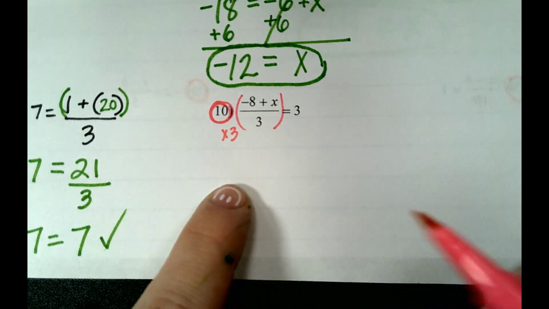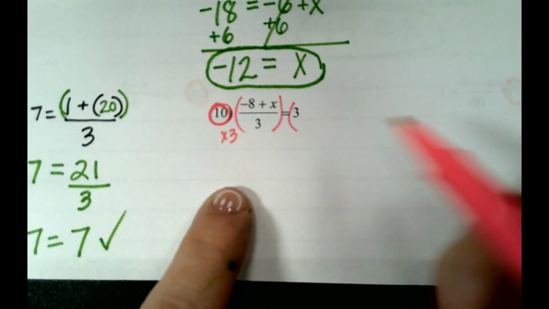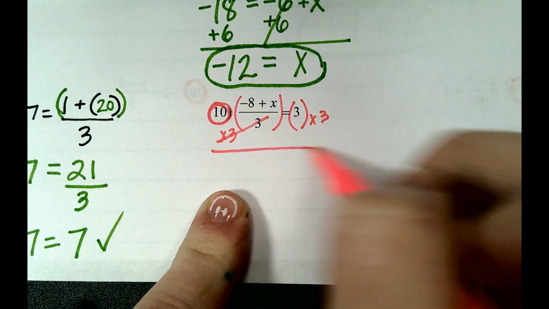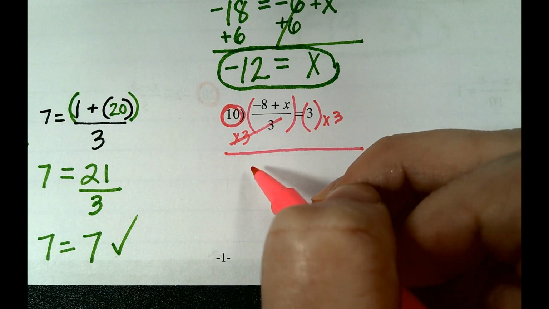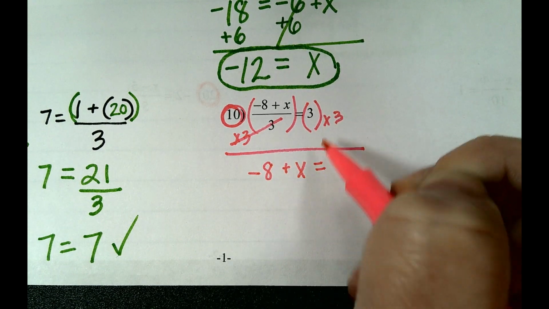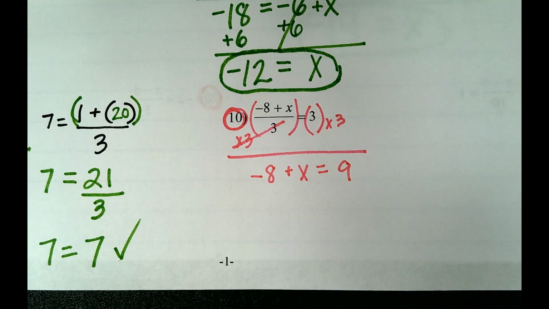And I'm going to do it on the other side as well. My 3's over here cancel. And what gets brought down? Negative 8 plus x equals 3 times 3 is 9. Okay, one more step.